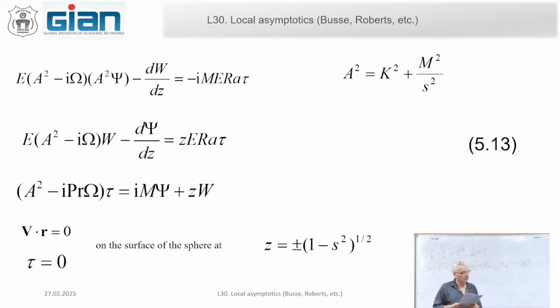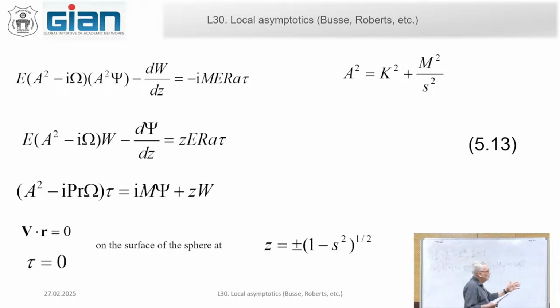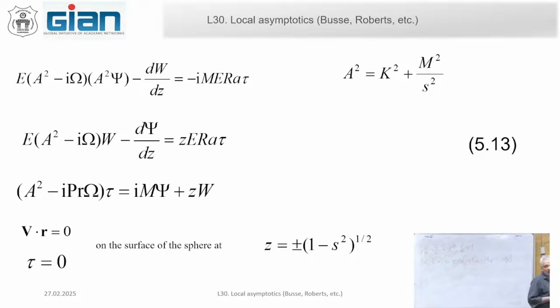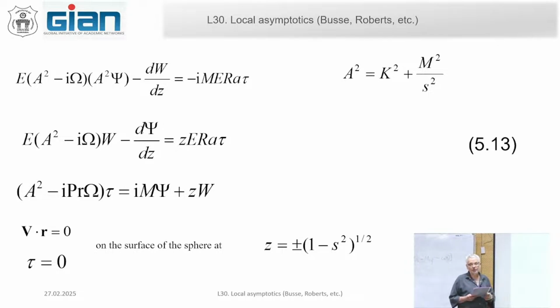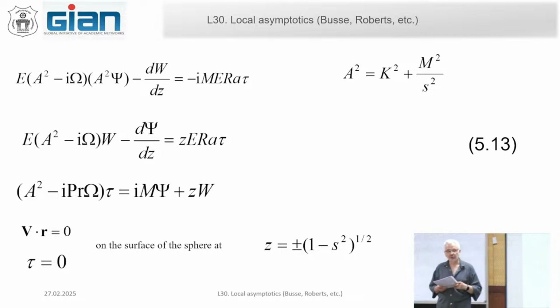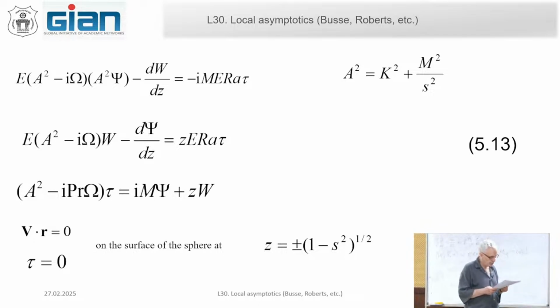But nevertheless, the most important message from this equation, first of all, is that it's much simpler than the initial one. If our initial equation was of the second order for 3 variables, now each equation is of the first order, and for just one variable, just one coordinate. So actually we simplified the system a lot.